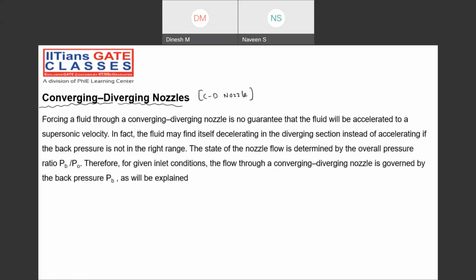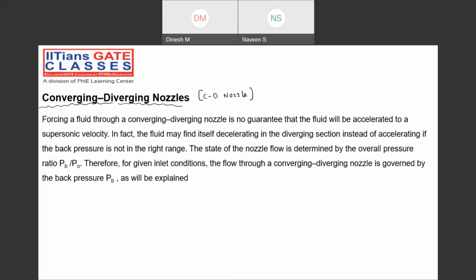When we think of the nozzle, we generally think of a flow passage whose cross-sectional area decreases in the flow direction.